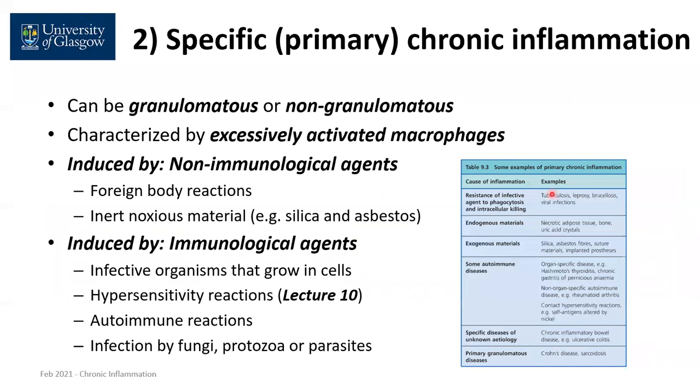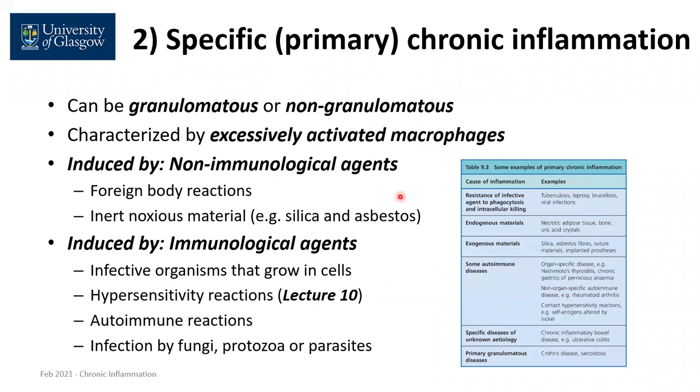So moving on to the second type of chronic inflammation. This is your specific chronic inflammation. This can either involve granulomas or there can actually be no granulomas being formed within a certain disease. These are characterized by excessively activated macrophages that have slightly different functions, as I've said, to your classical macrophages.